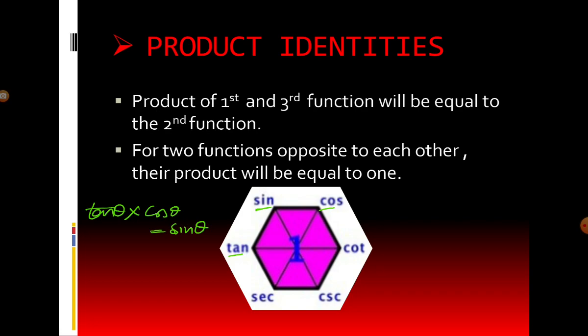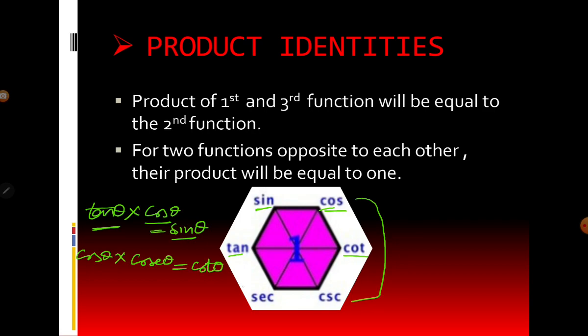Okay, so how can we get product identities? First function multiplied by third function will get the second function. Now any three you can take. If I take these three, my first function is cos, so first function multiplied by third function, cosecant theta, will get the second function, that is cot theta.